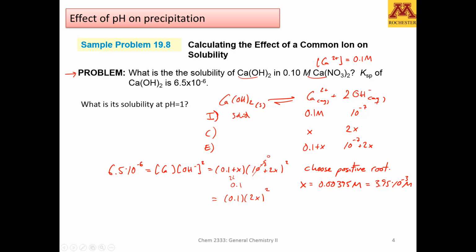Now you can just solve this with your calculator, because then Ksp is equal to this. That means x is Ksp divided by 0.1, multiplied by 2, square root. And notice that your x will give you a similar value as this one.